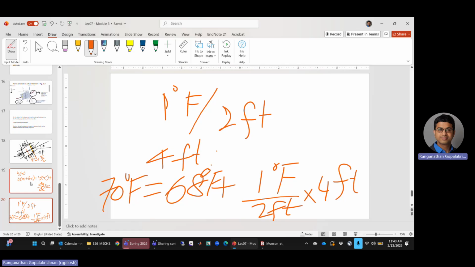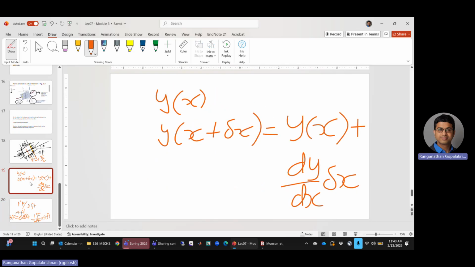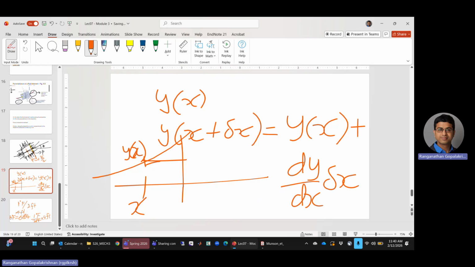Same logic: the value of the function at a neighboring point. Let's say this is x, and the value of the function at x is y of x. And then I'm asking you to calculate what will be its value at x plus delta x. That would be this triangle. Okay, sorry, I have the ideas right, but I get my sketches wrong. Just give me one second.